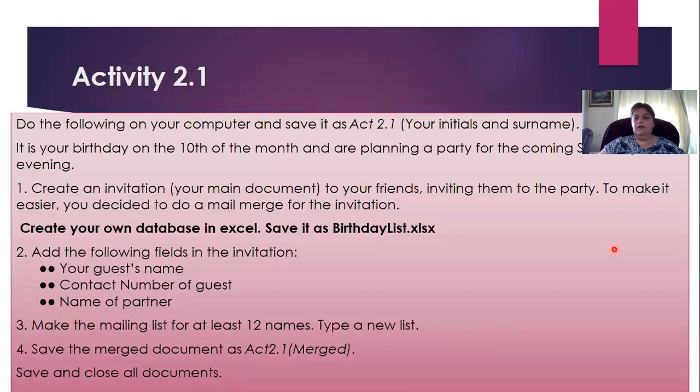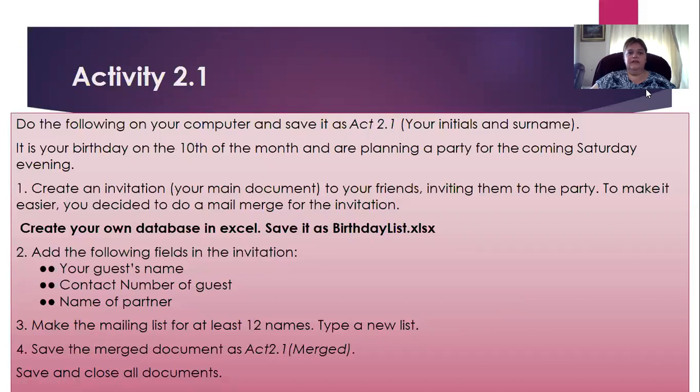The last part of the lesson here is going to be activity 2.1. Do the following on your computer and save it as Act 2.1. Use your initials and surname. It is your birthday on the 10th of the month and you are planning a party for the coming Saturday evening.